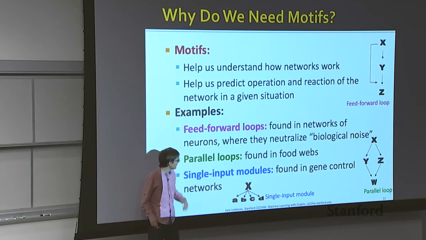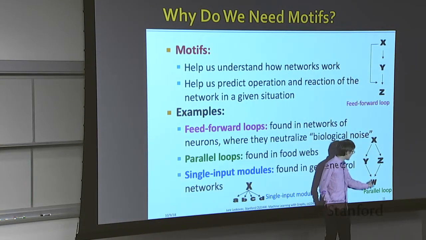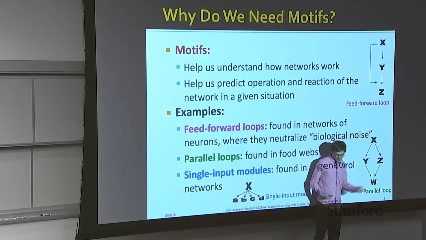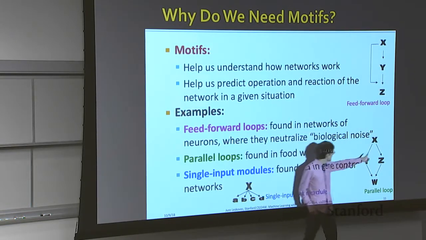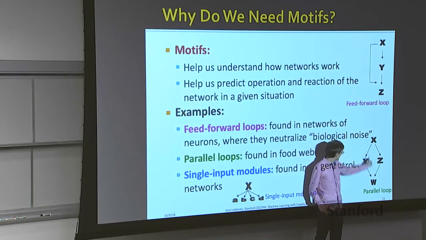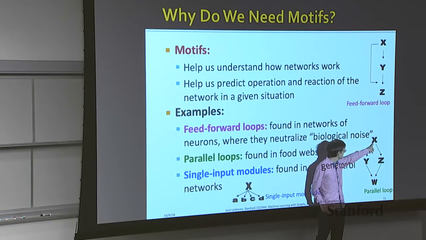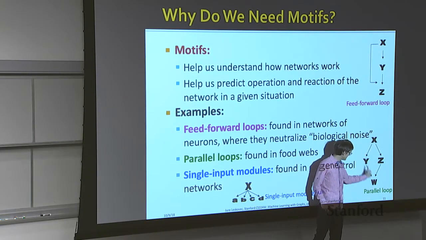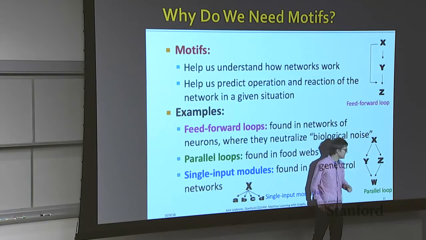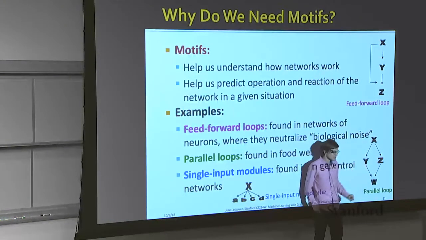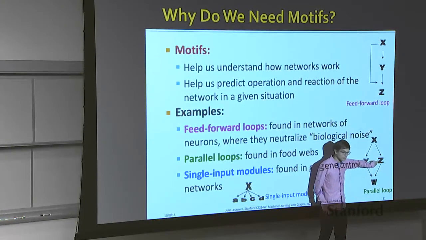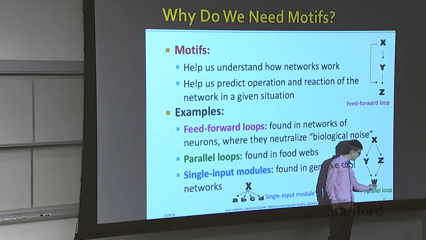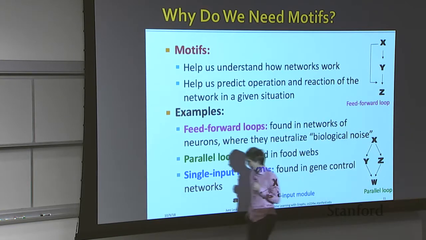Then parallel loops are, for example, these types of structures. These happen a lot in nature, where you can create food webs, which basically means who's feeding on whom, right? It's like animal Y is eating animal Z, is eating animal X, and animal W is preying on both Y and Z. So you will have a lot of these types of structures where two different species have a common food source, and two of them are both a food source for a common predator, right?